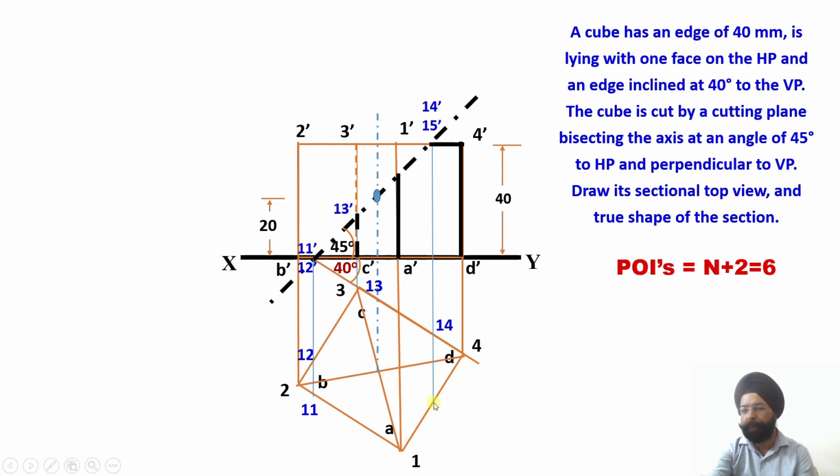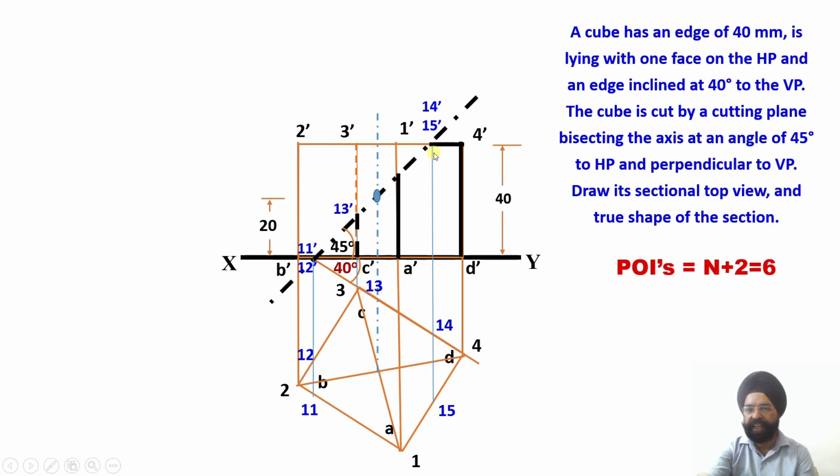Similarly, the 15 number point lies here. It means that my cutting plane has cut this edge 1, 4 in the top view. So in the front view, the edge which will be cut will be 1 dash, 4 dash. So we can say that POI 15 dash is obtained by virtue of the intersection of this cutting plane with the front view edge, that is the edge of the top face, which is 1 dash, 4 dash over there.